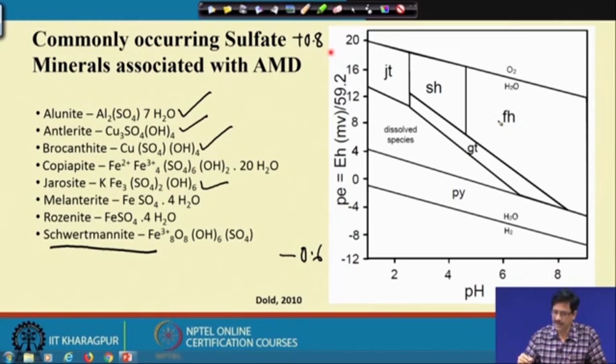FH is for ferrihydrite, which is essentially a cryptocrystalline or an amorphous form of Fe(OH)3, which forms and helps in the generation of a lot of H plus ions, which again we have seen in this reaction. So this is the natural limit of Eh-pH.